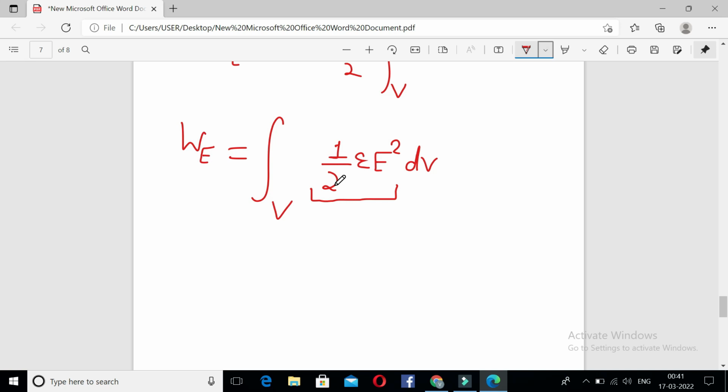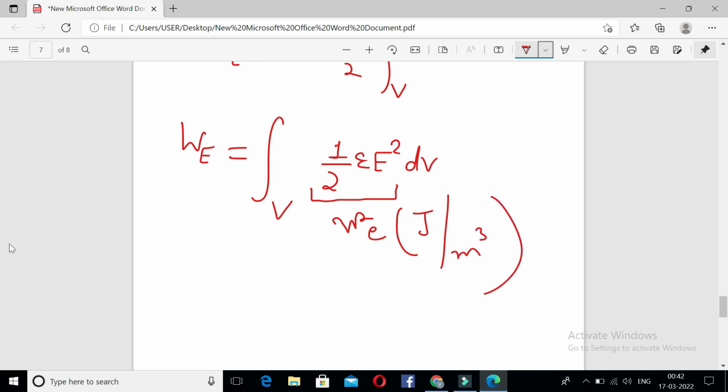This is the electrostatic energy density, small we, and the unit of small we is joule per meter cube.